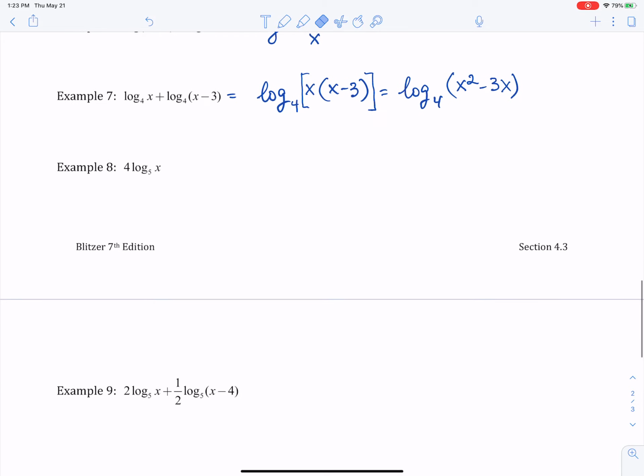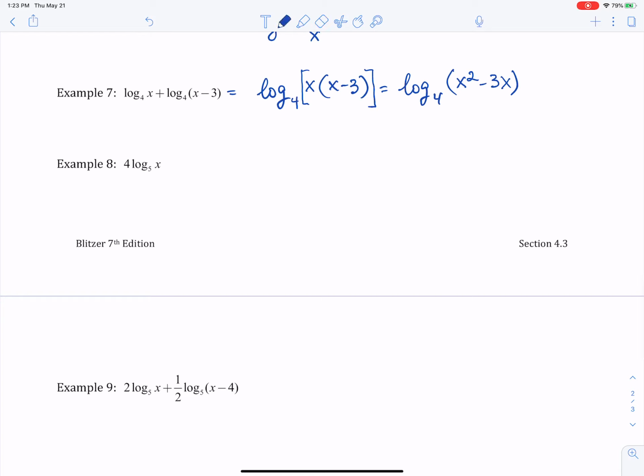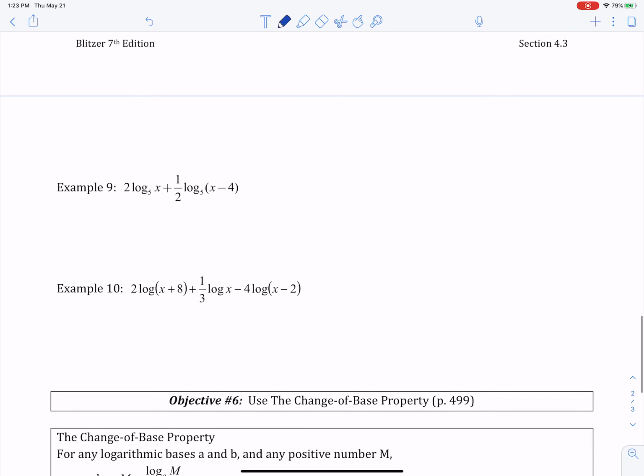The last property, example 8, is based on the power rule for logarithms when we move the exponent: logarithm base 5 of x to the 4, and that's how far we can go. Example 9, we are going to apply both product rule and power rule.